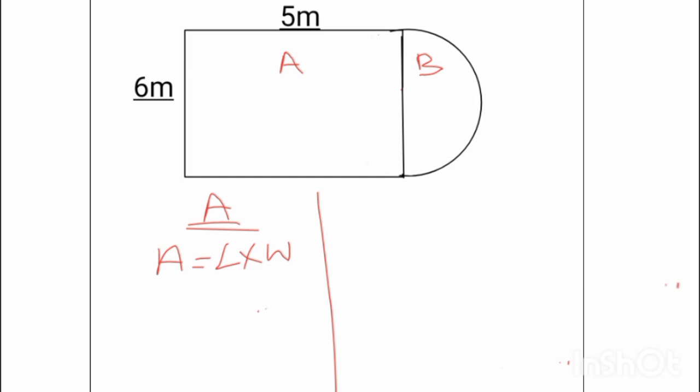And for the semicircular portion, we'll be using the formula pi r squared. Now, since this is half a circle, a semicircle is half a circle, we'll be dividing that answer by 2. So pi r squared divided by 2 will give us the area of the semicircular portion.